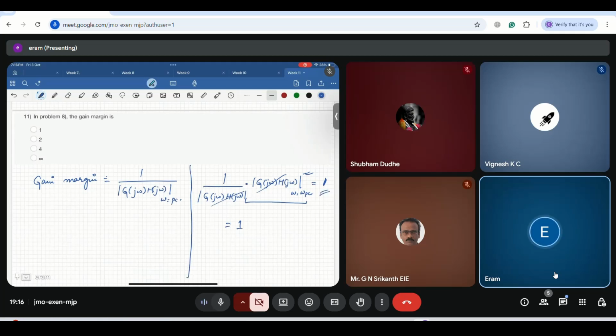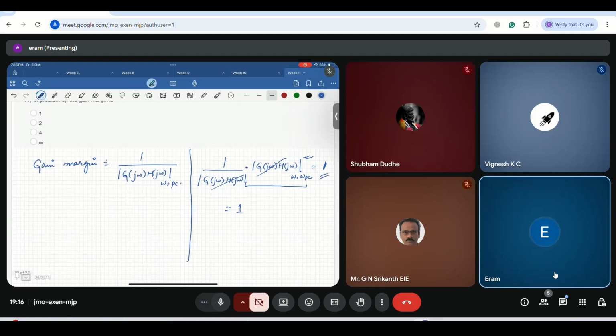So we have to follow similar steps. First, calculate the phase crossover frequency. Second, calculate the magnitude of G(jω)H(jω) at omega equal to the phase crossover frequency.